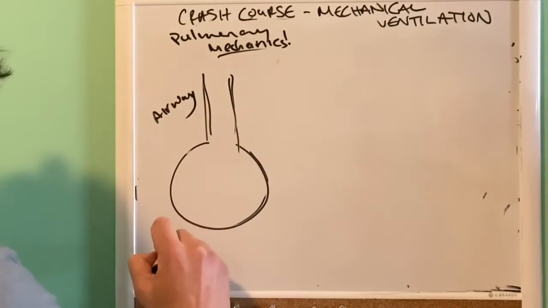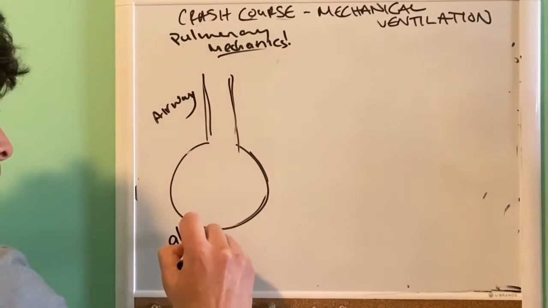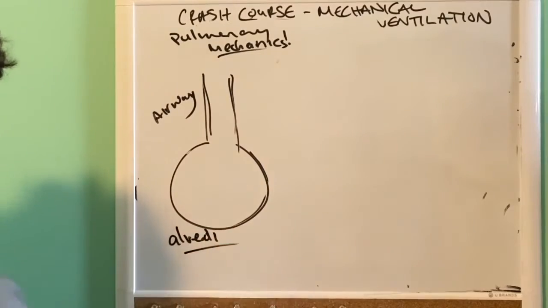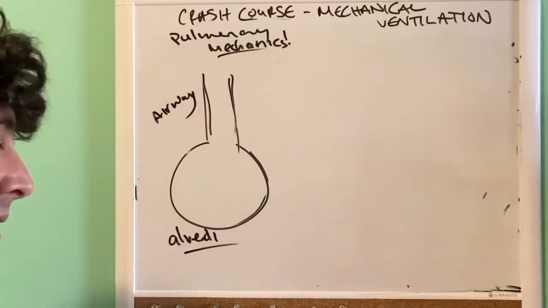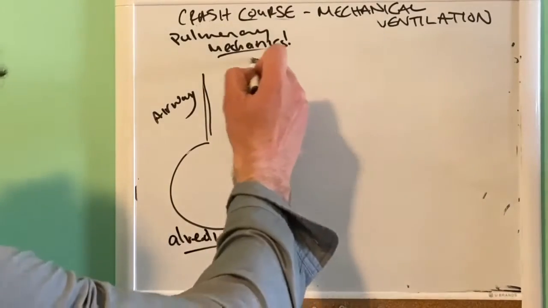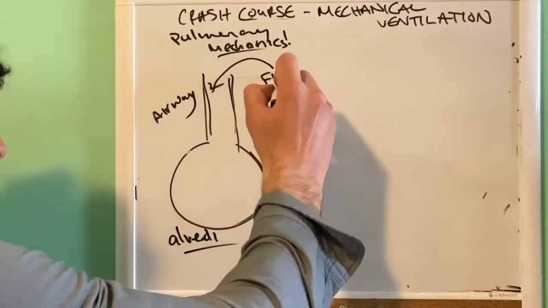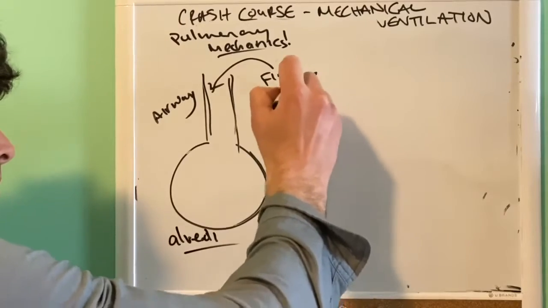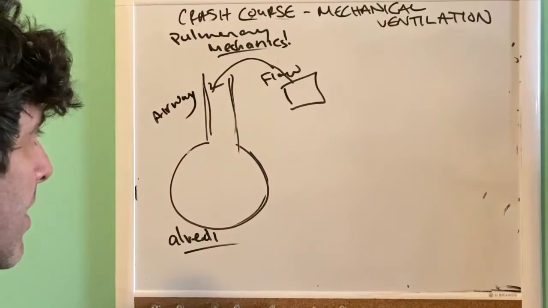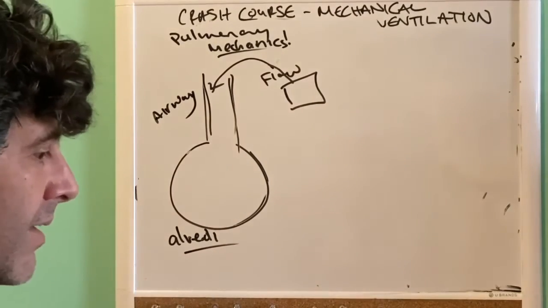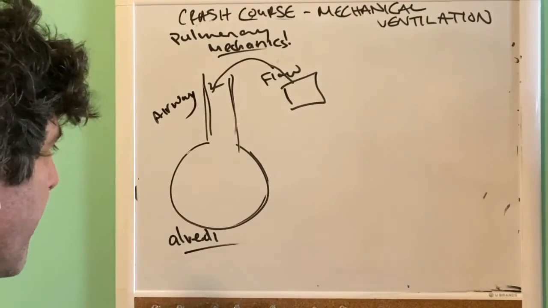And let's say this is our alveoli or lung parenchyma. So again, the goal is to get flow from the ventilator into the patient, and we do that somehow.